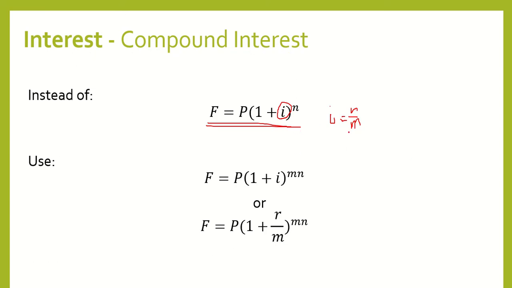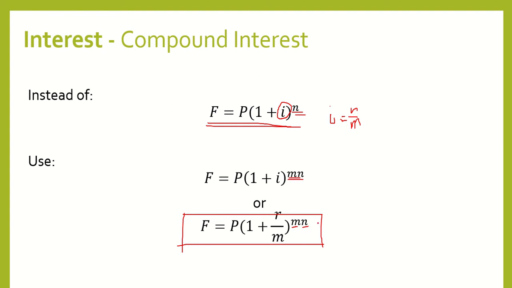Now, when R and M are involved, we will also change the exponent to Mn. So our new equation when dealing with compound interest is F, the future worth or accumulated amount, is equal to P times the quantity of 1 plus R over M, raised to power of Mn. M is the number of compounding periods, and n is the number of years.